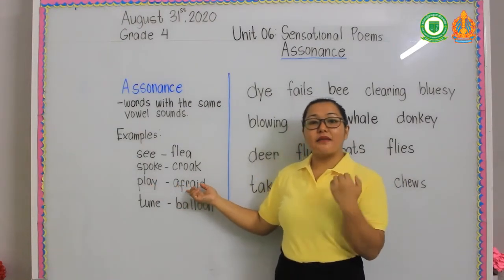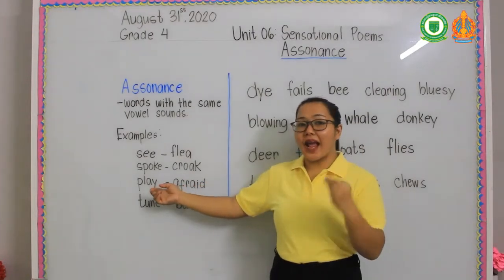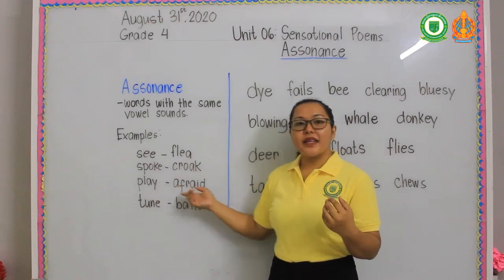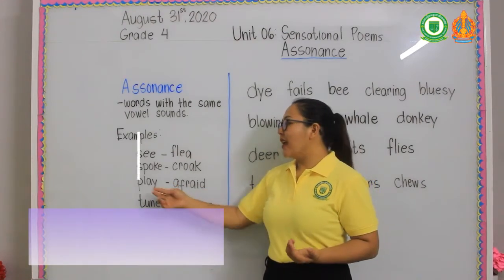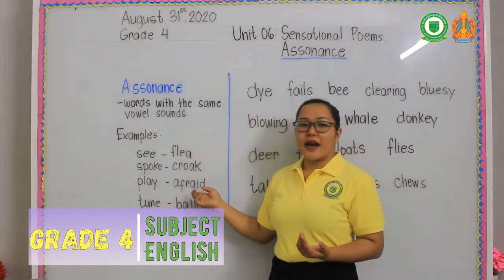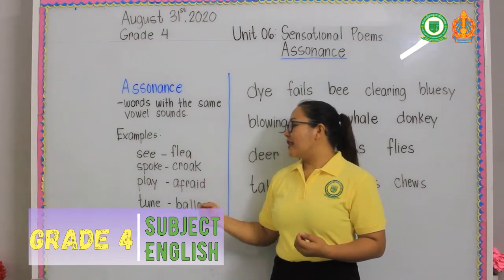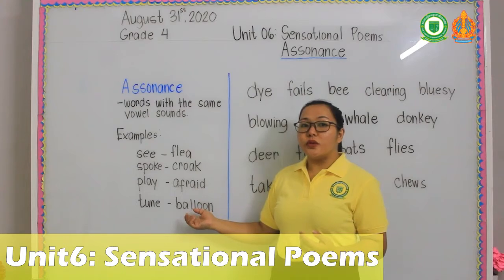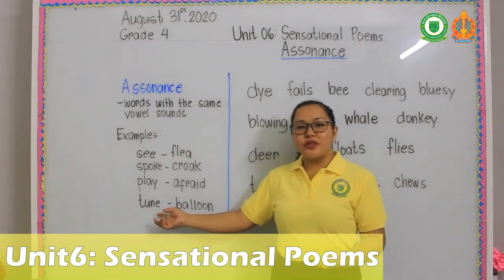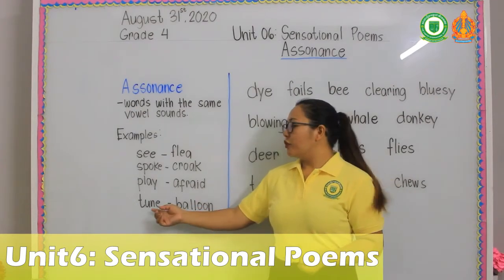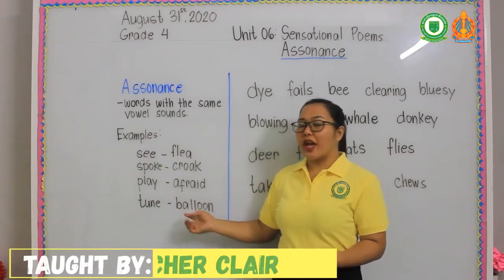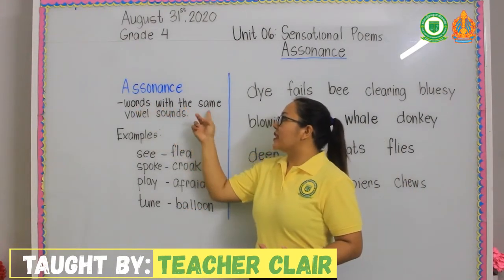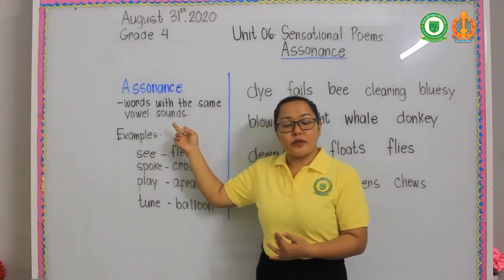See, they have the same vowel sound. Play, afraid, aid. Okay? Next, tune, balloon. Tune, balloon. Okay? So again, assonance, words with the same vowel sounds.